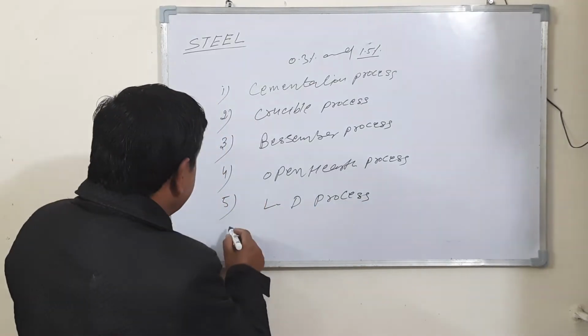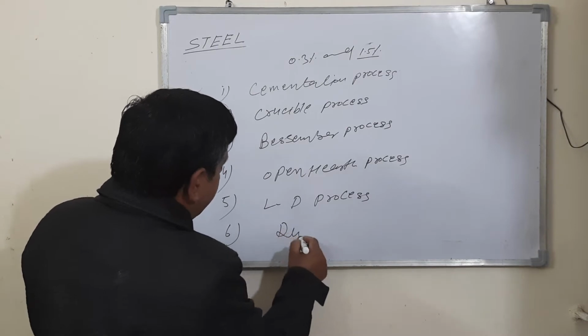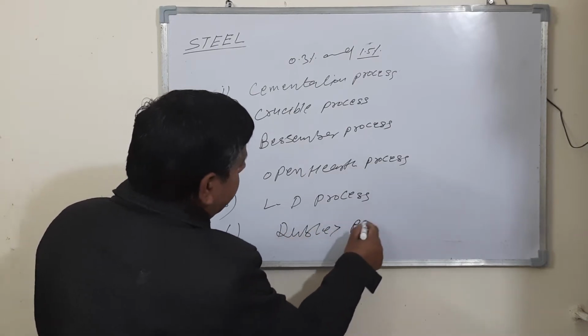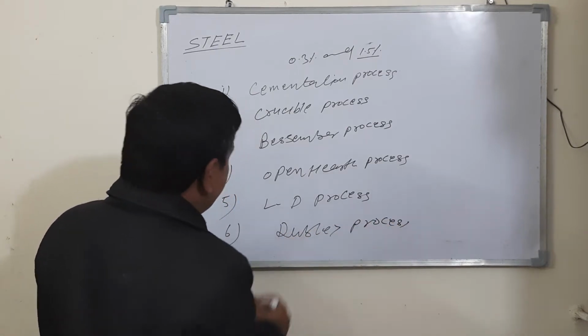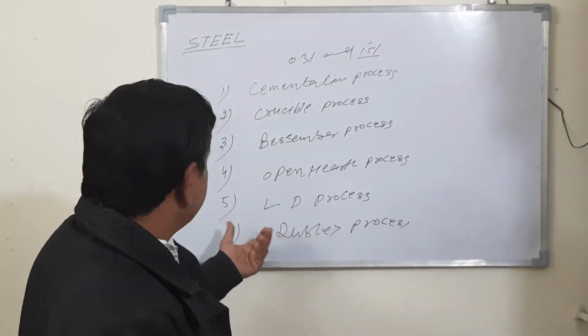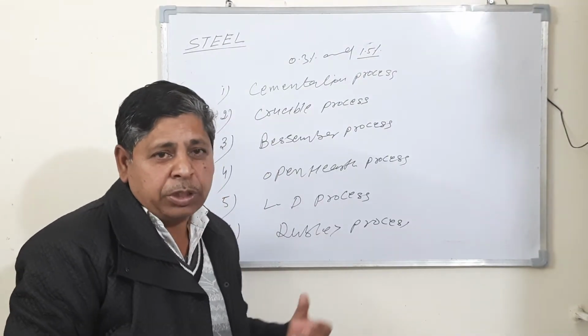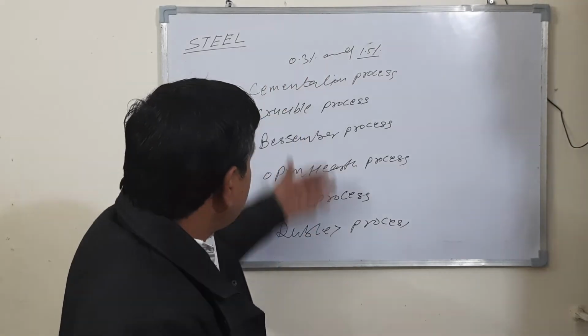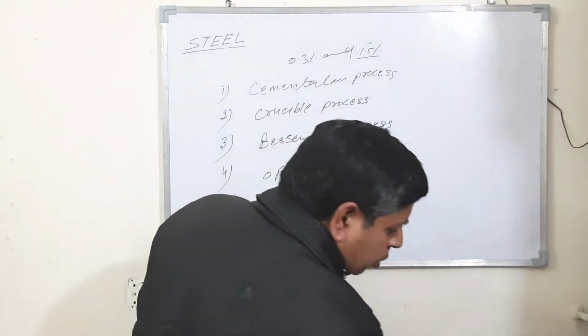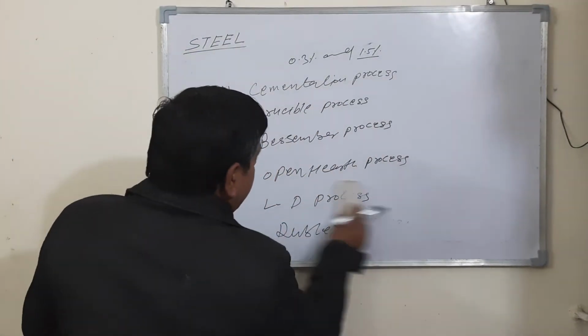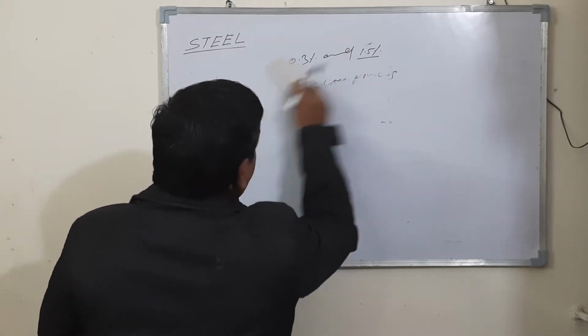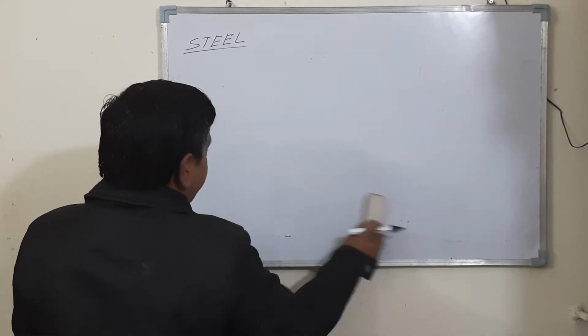Number six is the duplex process. Number seven is the electrical furnace process. These are the processes used for manufacturing steel.